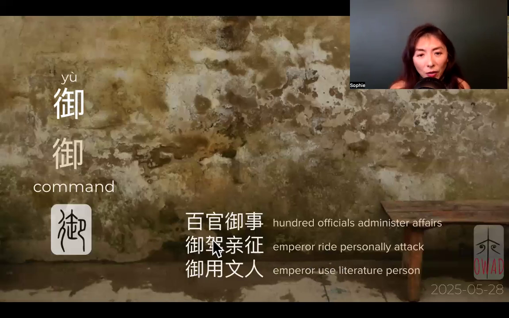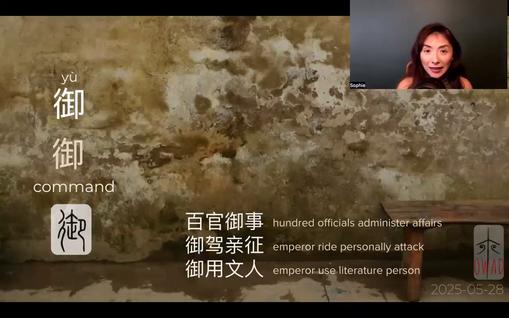Ride the horse. Okay, the horse is at the bottom here, right? Qing zheng means to personally attack or go out and conquer. So apparently, when we have this expression, 御驾亲征, we know that for the majority of happenings in history, the emperor himself doesn't go to war, right? Because that's a high risk. How can you put the king, so to speak, on the front line? That's not a common chess move, I guess. I don't exactly know, but supposedly the king is to be protected, right?